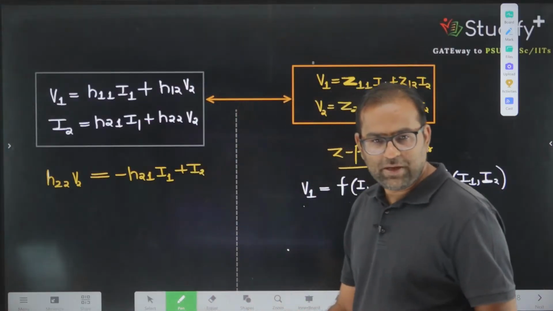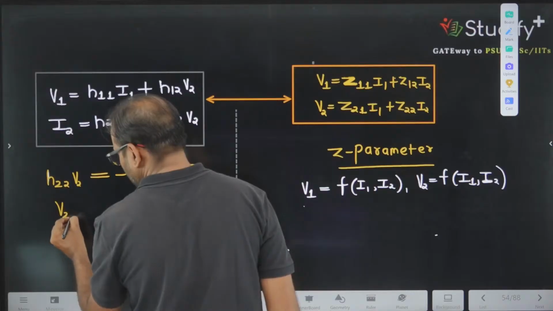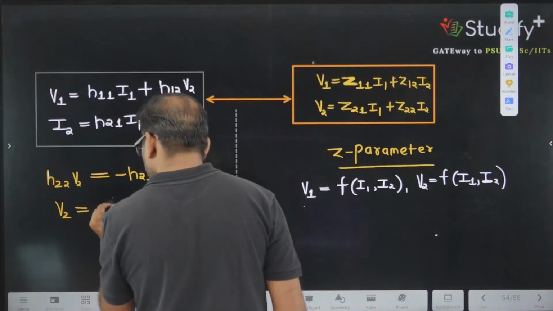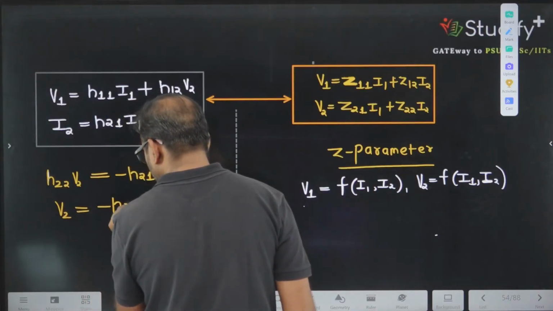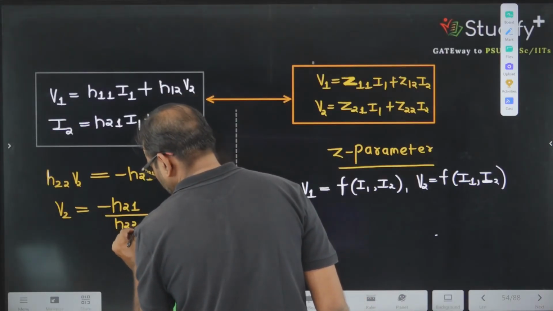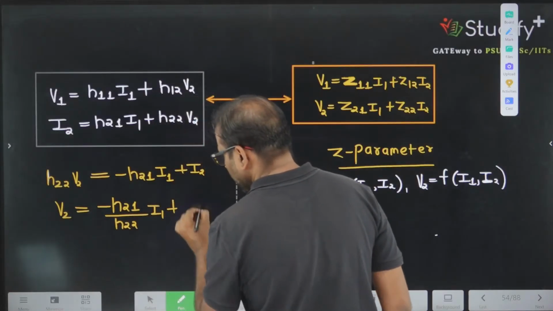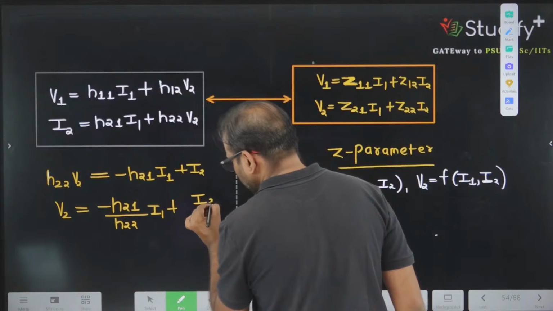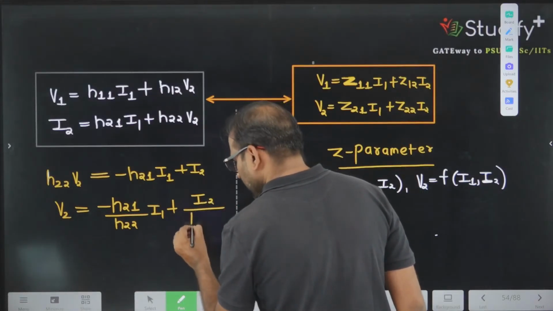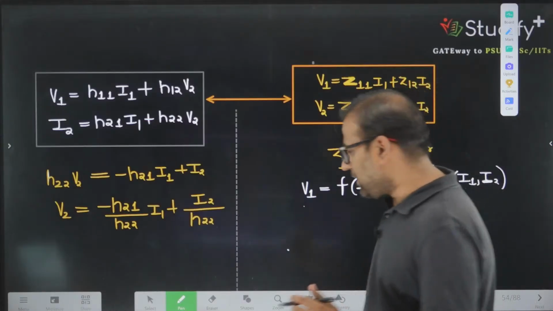And when you find the value of V2, V2 is equivalent to minus H21 divided by H22 into I1 plus I2 times 1 divided by H22.